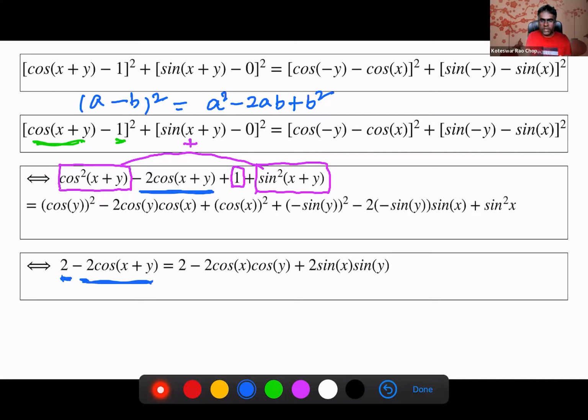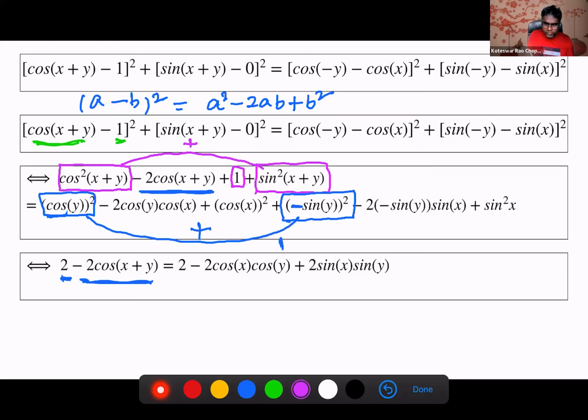Now if you go to the right-hand side, I have cos square y here, and since I'm squaring minus, that will become positive, so you will end up having sine square y here. If you add these two, cos square y plus sine square y, you get 1.